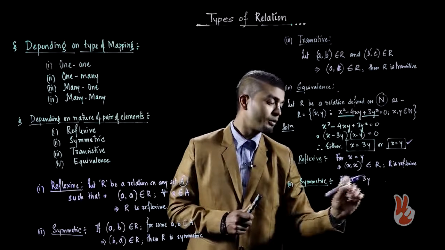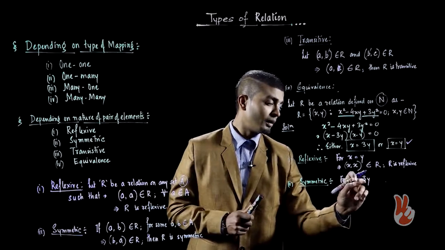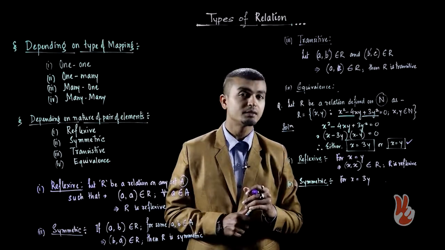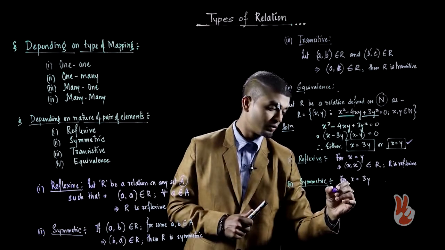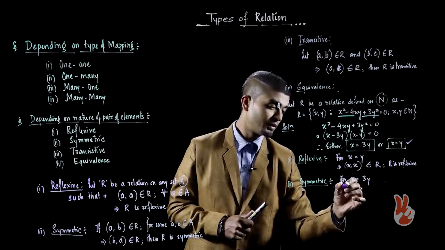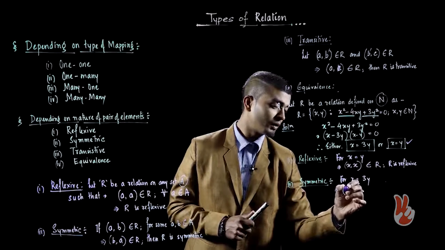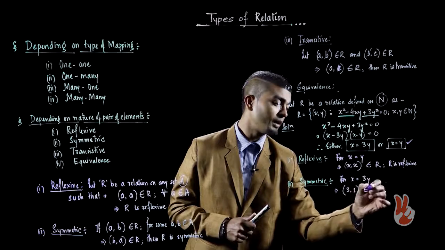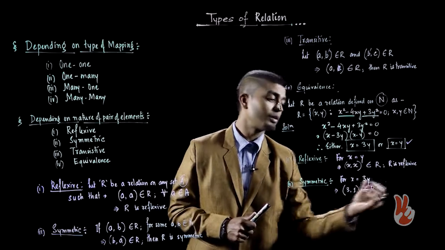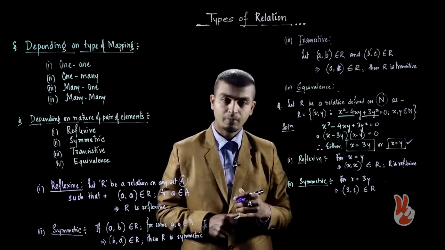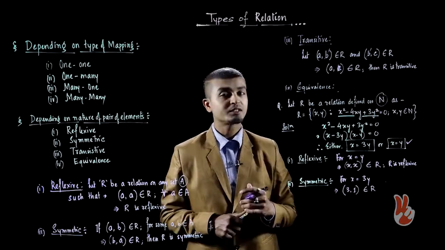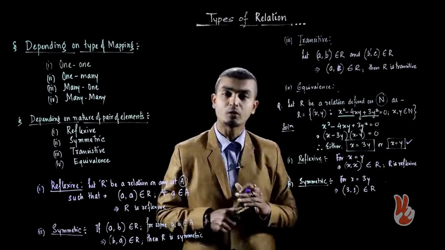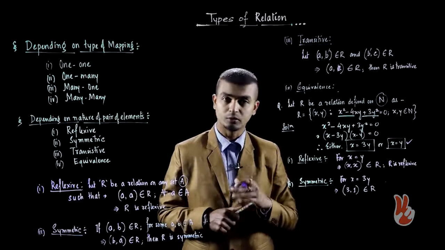Suppose I put y as 1, then I will get x as 3. That means (3, 1) is a pair that belongs to the relation R. Now, let us check whether the reverse of this pair is also present in R or not. That means (1, 3).